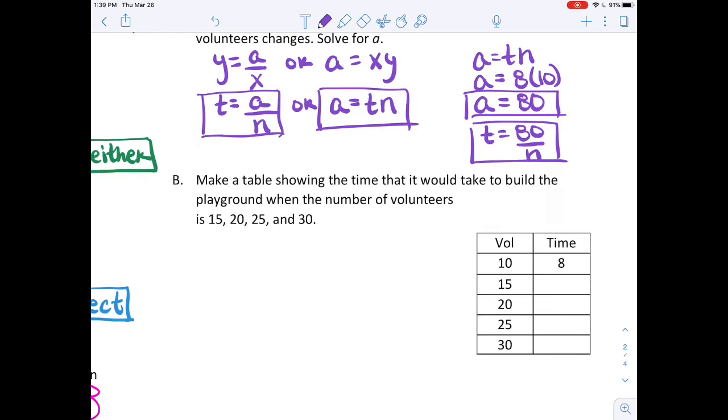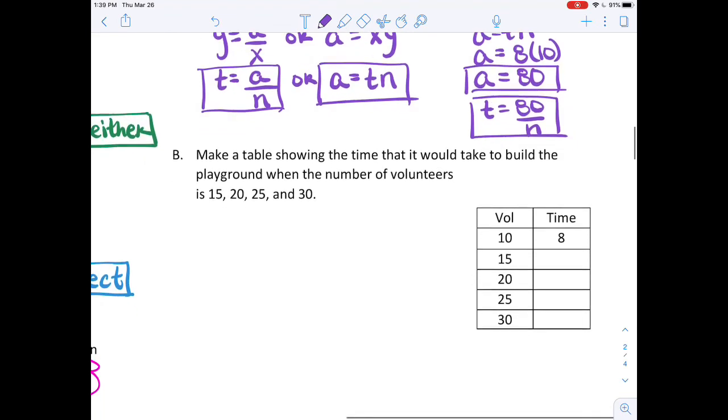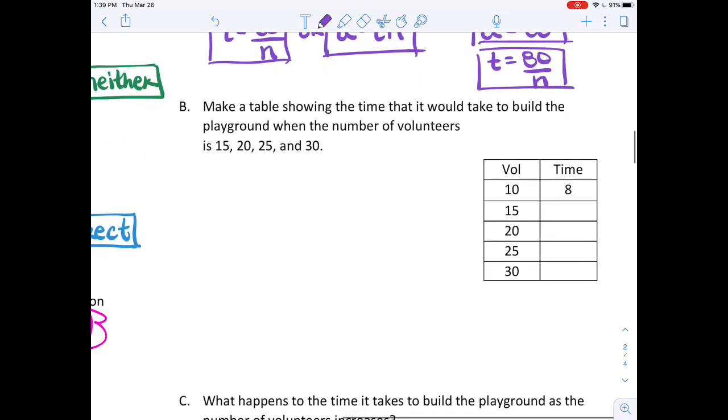All right, so we've written our equation in generic form, we've written it in specific form with the 80. Now we want to create a table here that shows us how the time changes as we add more volunteers. So again, we are just evaluating the equation we just came up with, that t is equal to 80 over n, and we're evaluating it for specific values of n. So the first value is already given for us, that when we have 10 volunteers, it takes 8 hours.